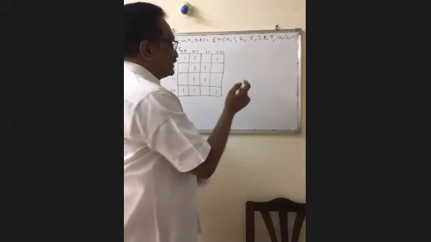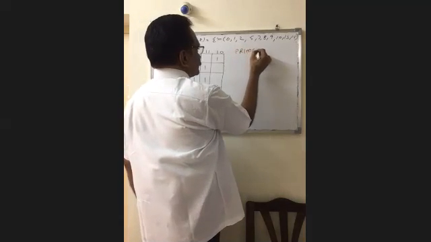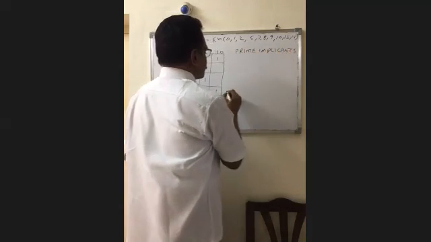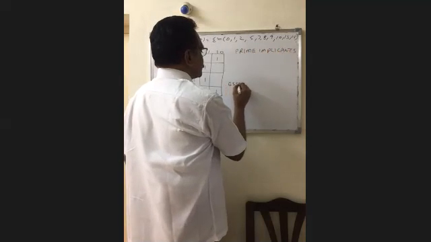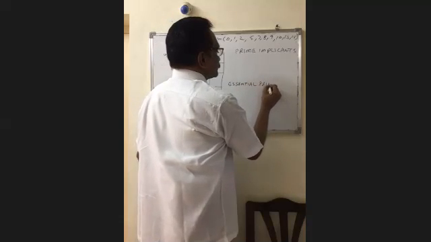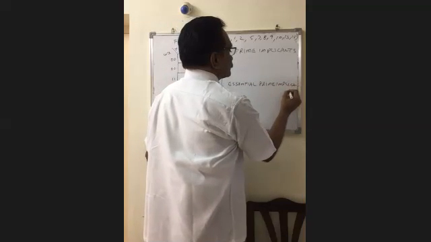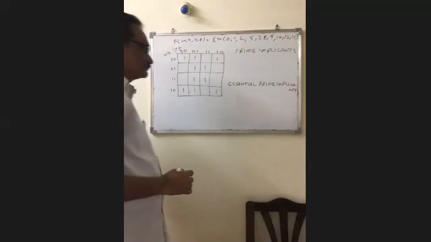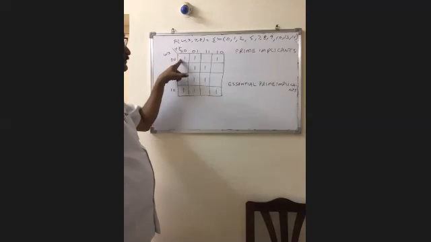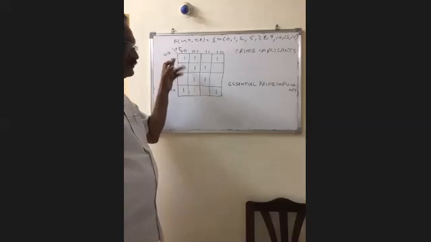First find out the prime implicants and essential prime implicants. For the first minterm, is there any possibility for an octet?